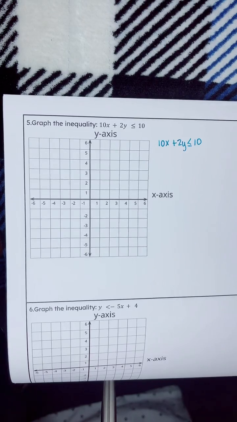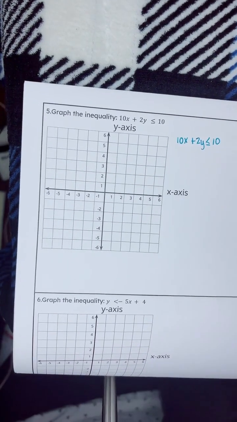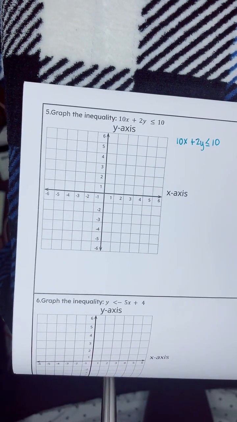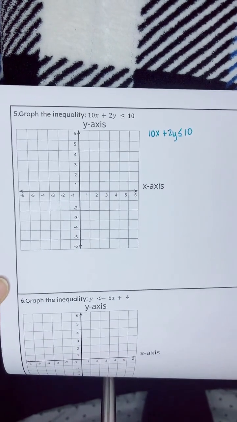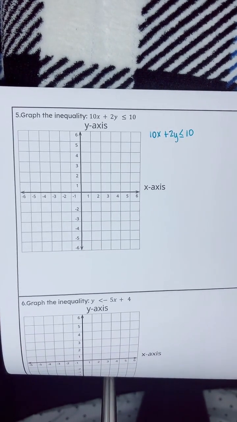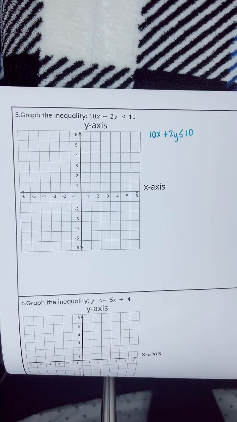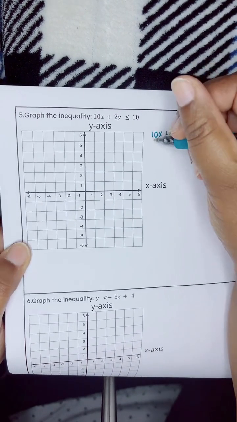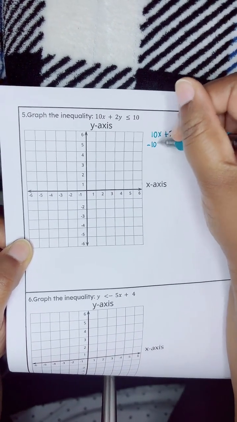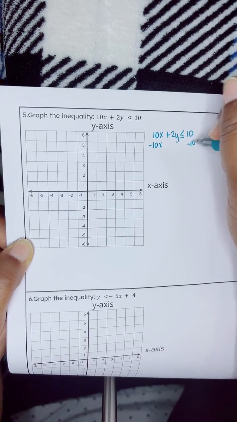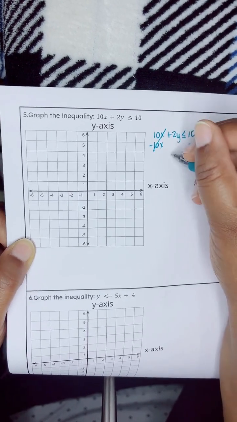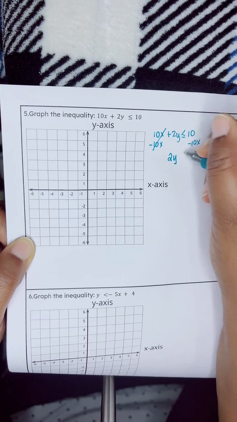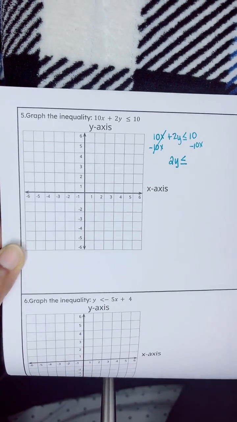What do I have to move to the other side? Subtract 10x, beautiful, yes. So I'm going to subtract 10x from both sides. This cancels, and I'm going to drop down 2y is less than or equal to.